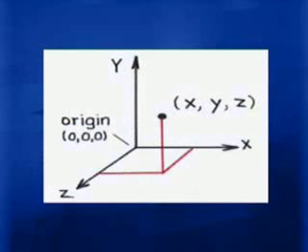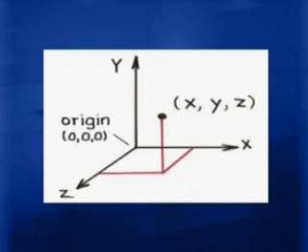And visually as well, we have seen this before. Any point in a 3D coordinate system would be expressed using all three coordinates: how far along the x-axis we need to move in order to make it to that point, how far along the y-axis we shall be moving, and how far along the z-axis we would be moving.